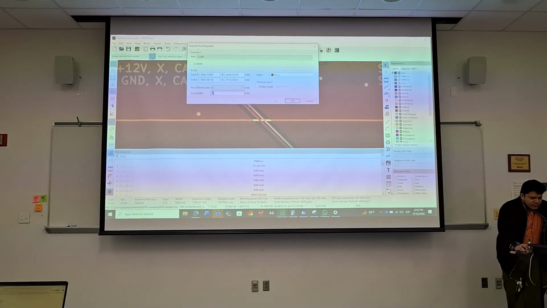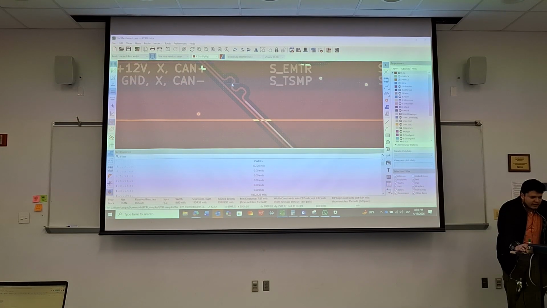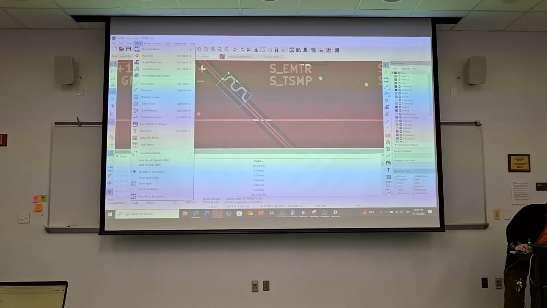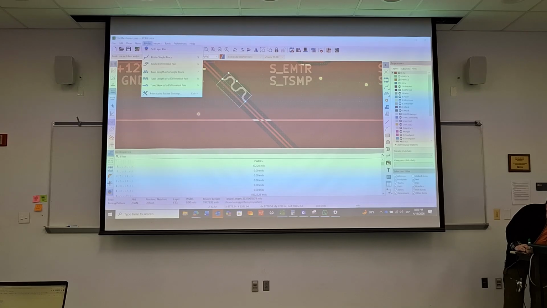Normally you should be able to. Normally there should be a function where you can tune the differential pairs. Yeah, tune the length of a single track, or in this case, since it's a differential pair, it'd be the skew. So it's that button right here, tune skew of a differential pair. That's what you would use.